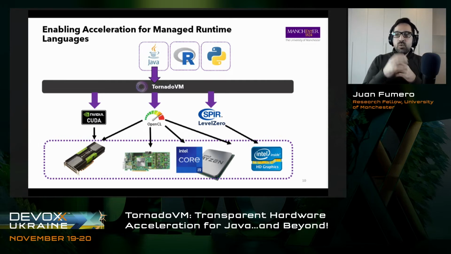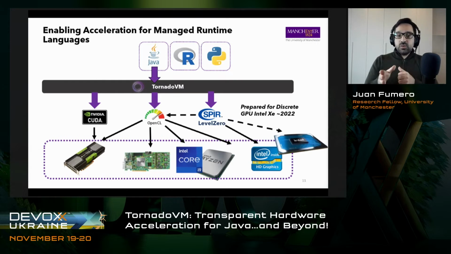So essentially, we want to study how to access from high-level languages like Java, managed runtime languages, in order to exploit heterogeneous hardware efficiently and increase performance and decrease energy consumption. So we are in an exploration phase of many backends and many possibilities, what they can give us and what we can achieve. Right.